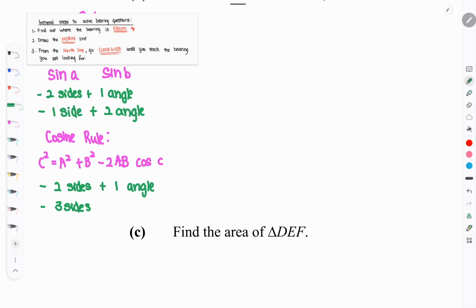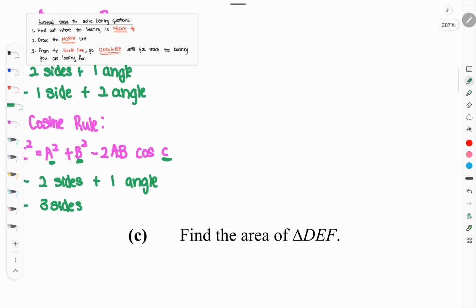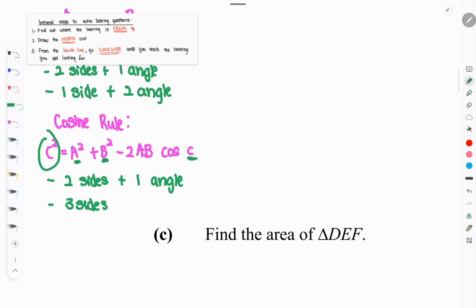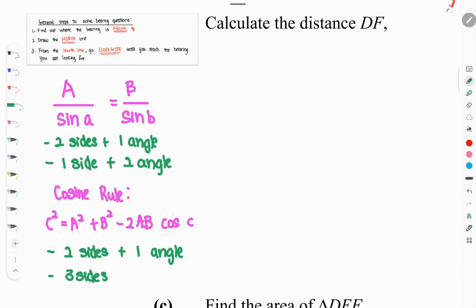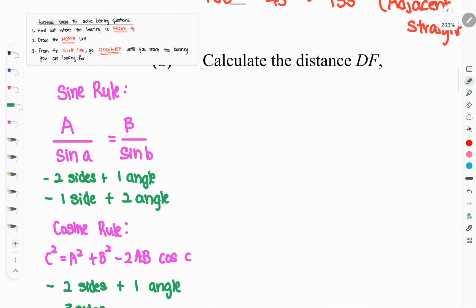If let's say I have two sides, a and b, and an angle, then I can find my big c square over here. But if I do not have any of these conditions, it means I probably can't use my cosine rule. Same thing for sine rule.